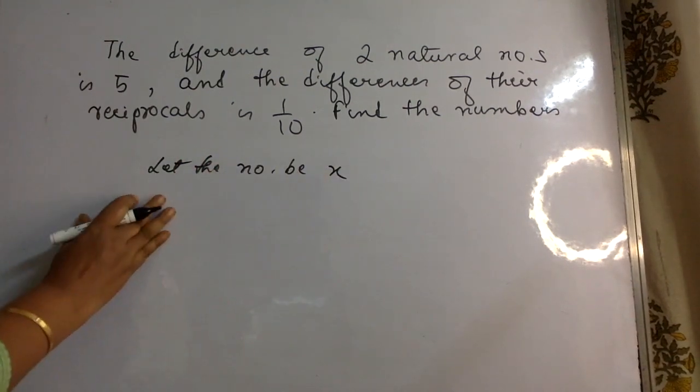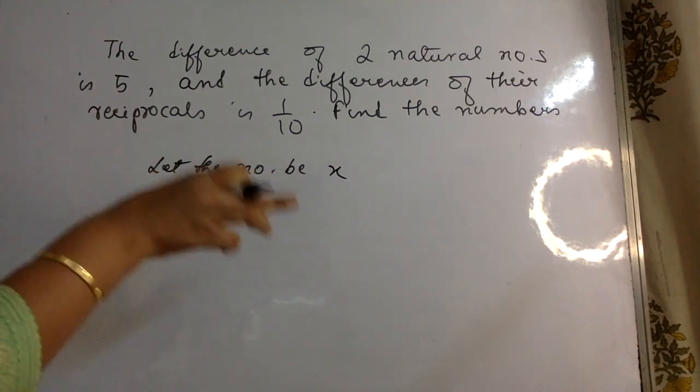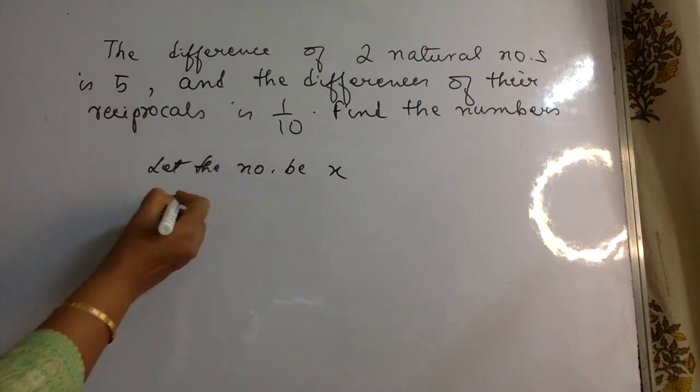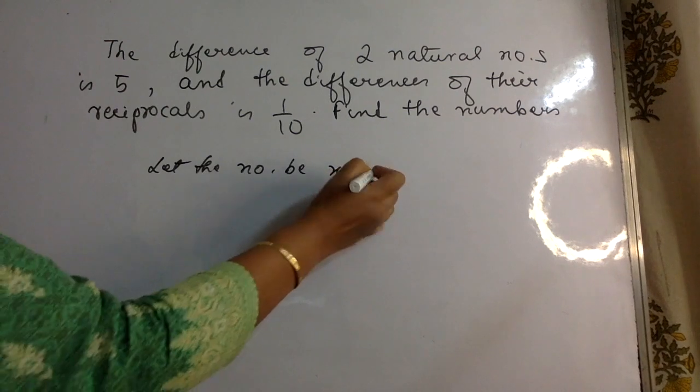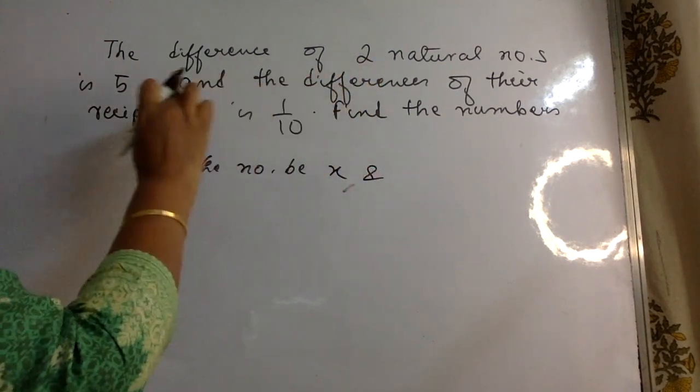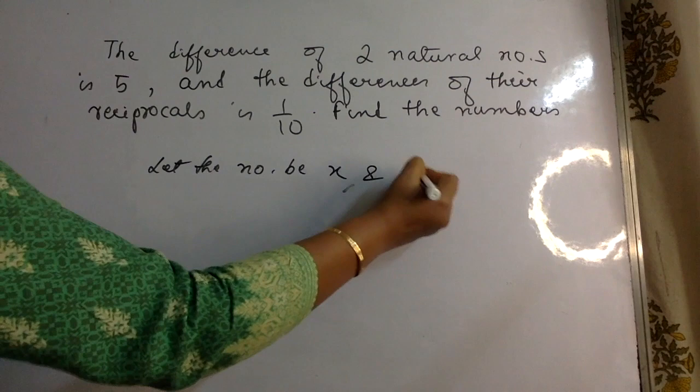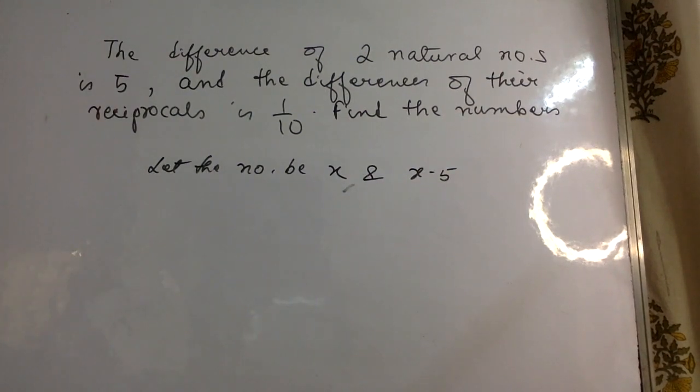This must be written because your examiner must know what you have taken as x. The other number is x minus 5, because the difference is 5. And the difference of their reciprocals.